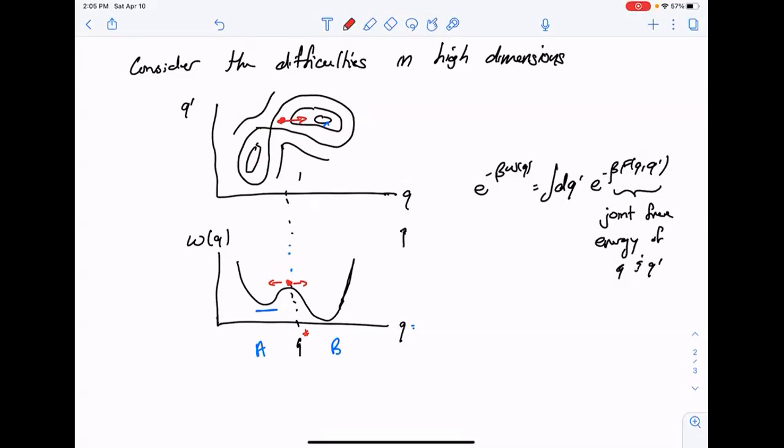Overwhelmingly, I'm going to go to the right. Analogously, if I drew a value of Q star that points me there, I'm overwhelmingly going to go to the left. You can kind of see how recrossings can occur due to higher dimensionality.